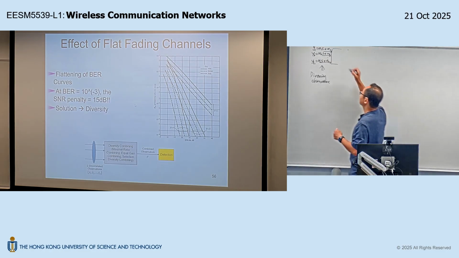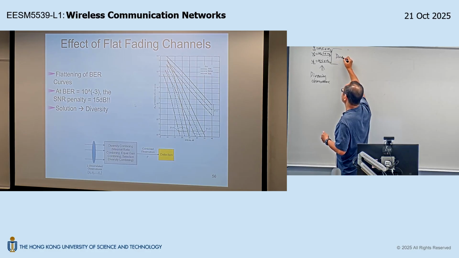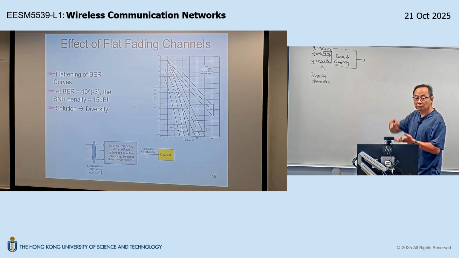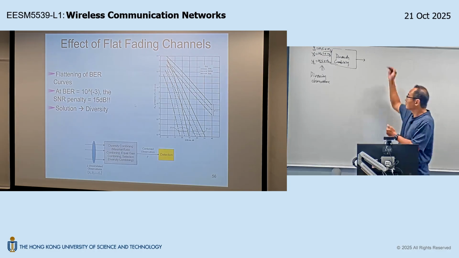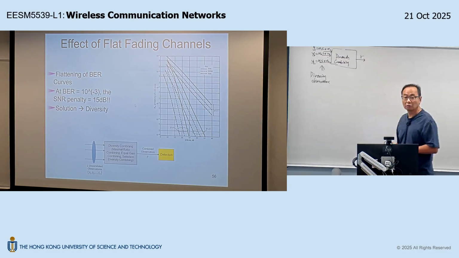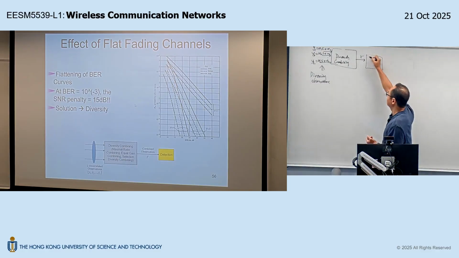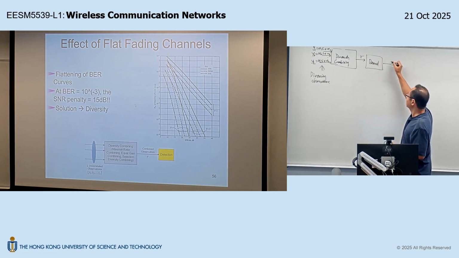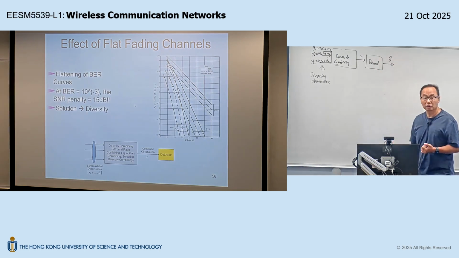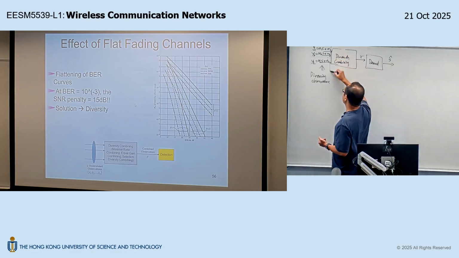We have to do something called diversity combining. We have to think of some way to combine these multiple observations into some metric, which I call R. Based on this combined metric, we pass it on to the minimum distance demodulator, and then we do the detection based on that. So the overall receiver will be like this.